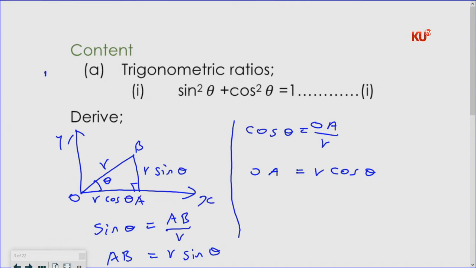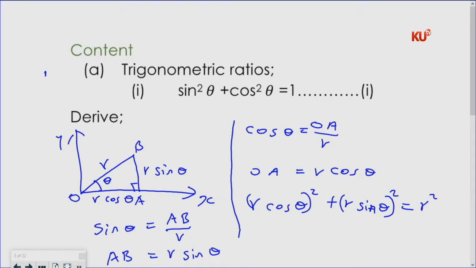Then you remember something you learned in Form 2, Pythagoras theorem. You said this side squared plus AB squared should be equal to OB squared. That means if you have R cos theta squared plus our AB, which is R sine theta, squared, should be equal to R squared.